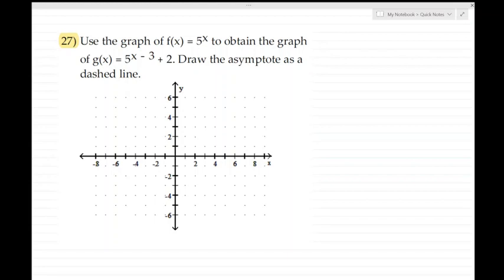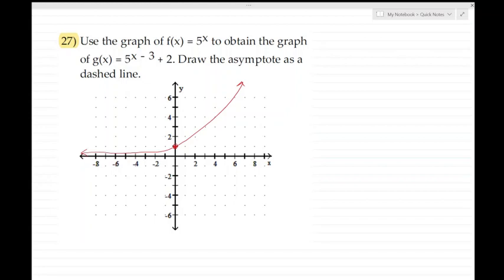Use the graph of f of x equals 5 to the x. So the graph of 5 to the x goes through the point 0, 1, and it looks something like this. It goes through that point, and what we want to do is find the graph of 5 to the power x minus 3, all of that plus 2.